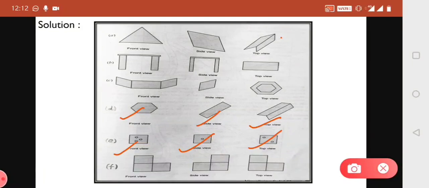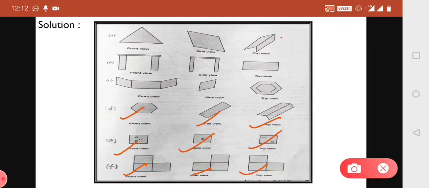Then a solid shape is given, made up of three cubes. So when we look at the front view, we can see it arranged in this way. This is your side view and this is your top view.